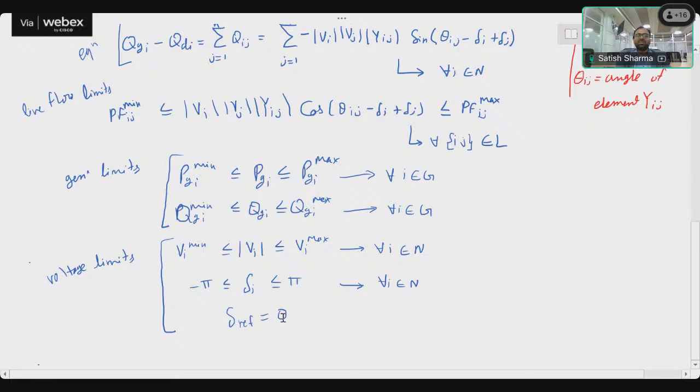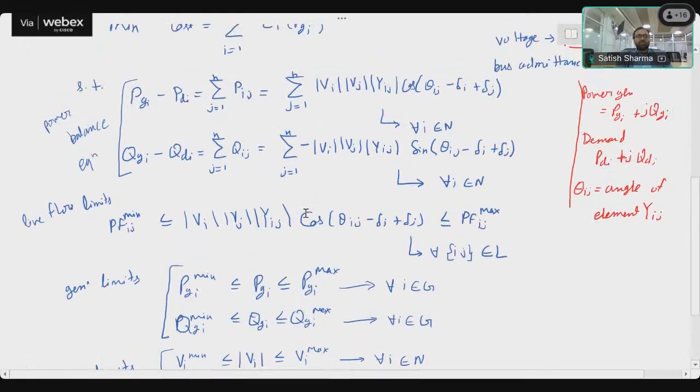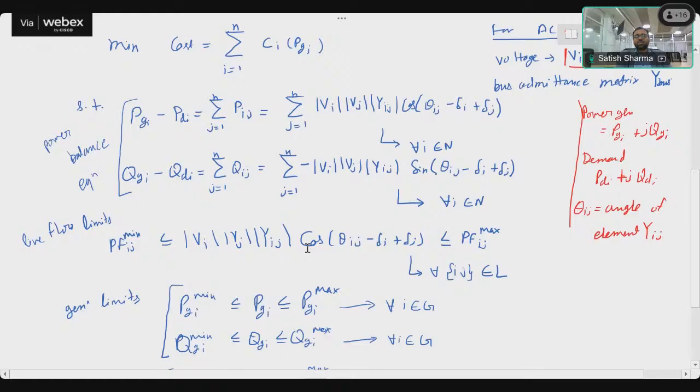All the voltage limits are linear. Again, generation limits are also linear, but these three sets of equations are the power balance equations, both active and reactive.